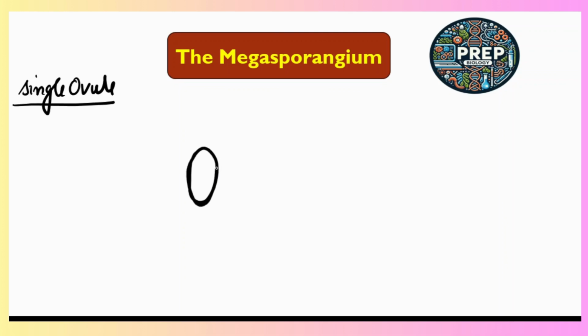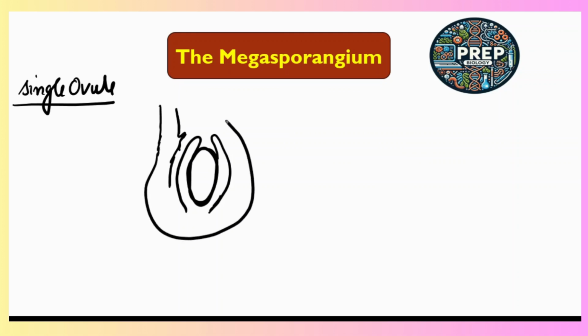We have this rounded middle part, and around this it has multiple layers. This kind of structure is seen under the microscope if we see a single ovule.